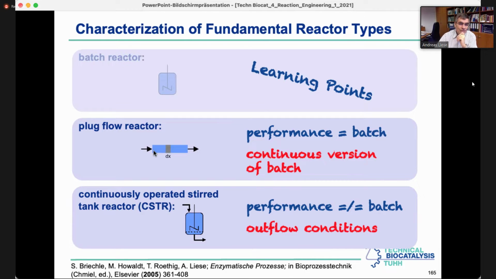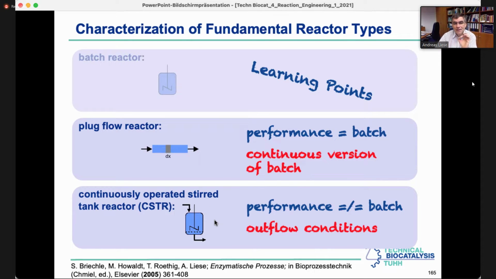In this racemate, made out of two complementary enantiomers, the first enantiomer is degrading very fast with time, and the second one is very slowly degraded.